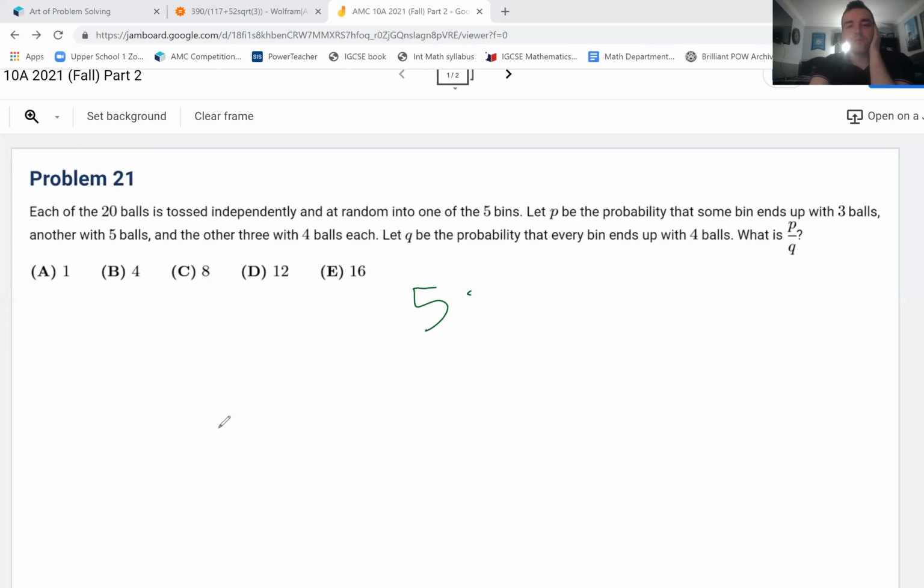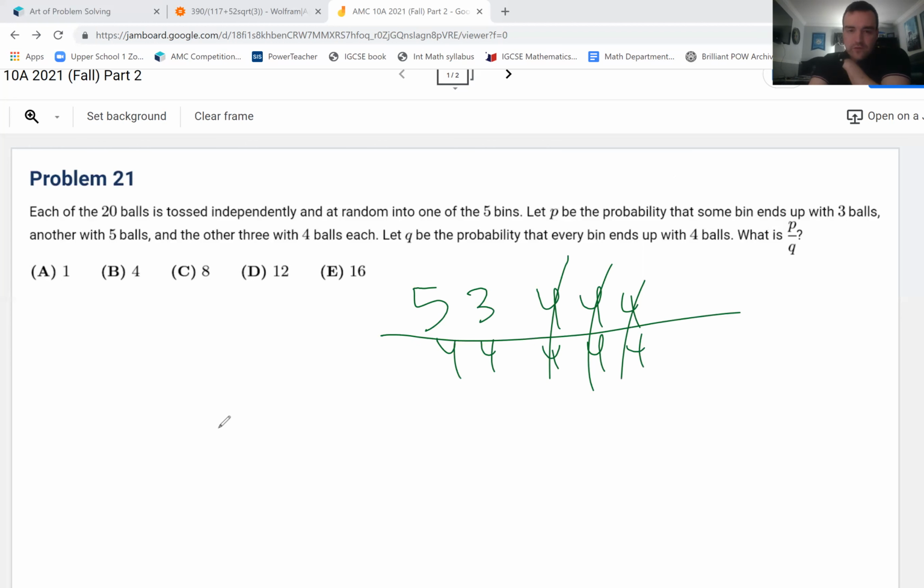We're looking at the probability of 5 3 4 4 4 versus 4 4 4 4 4. If we think about it, these probabilities are just going to cancel out, so we can really just look at these situations. Even if we take into account the arrangements, they're still going to cancel out because they're the same situation.